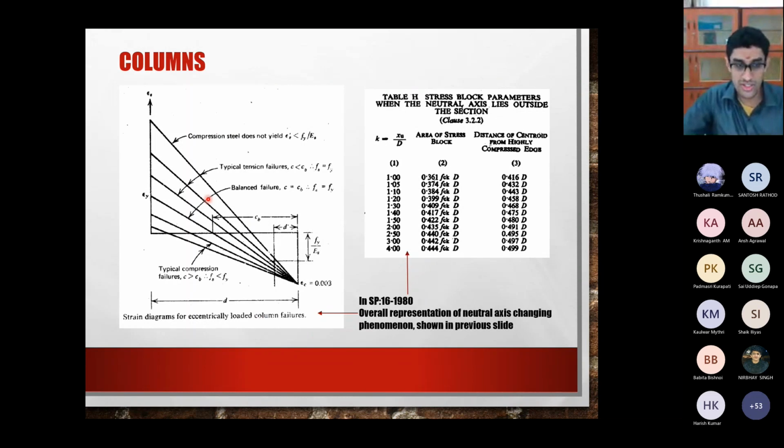There is a point where you have something known as a balanced failure, which is very similar to what you saw in beams. This balanced failure point given by this CB is the situation where the moment and the compression are of such values that you have 0.0035, the failure strain in concrete, and you also have simultaneously the yield strain in steel.